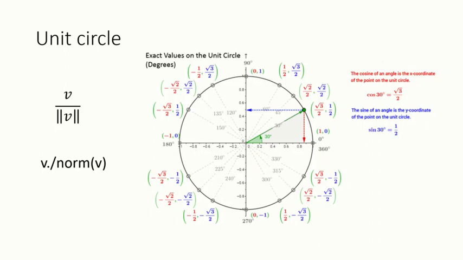The definition of a point on the unit circle is that its norm is 1. The norm is the length, the magnitude of this data point. If you have a length equal to 1, then you are on this circle.